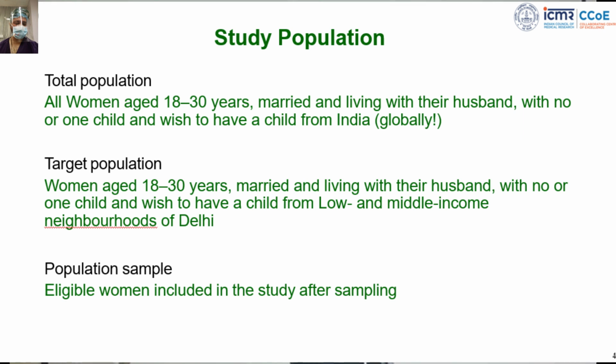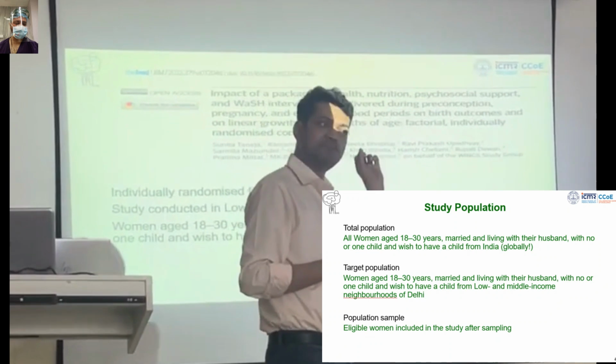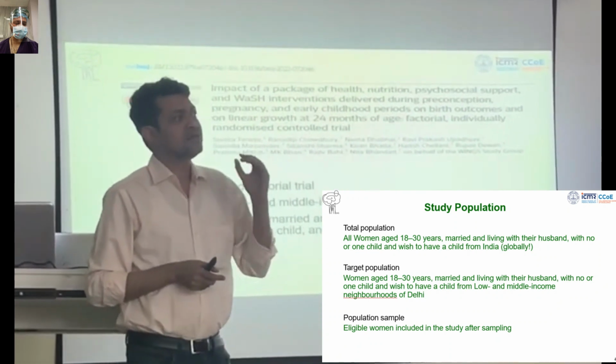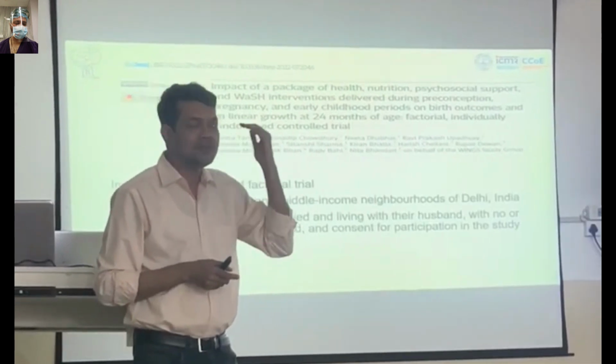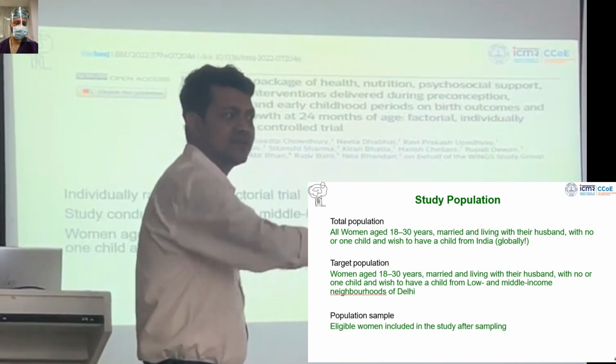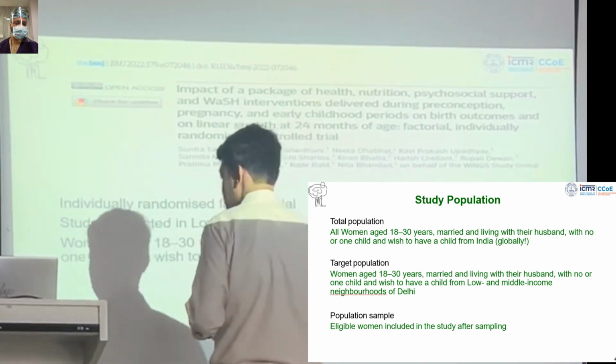So what I am trying to say is, when you think about your study population, try to be very specific and try to see which population you are covering. Because sometimes you may think that in this study only this is the study population, not like that, because the study is continuing, it doesn't end there. That's why it is very critical to understand the importance of study population.